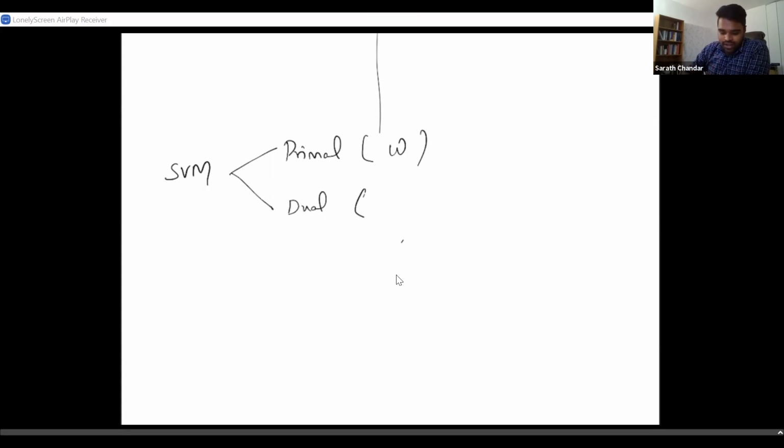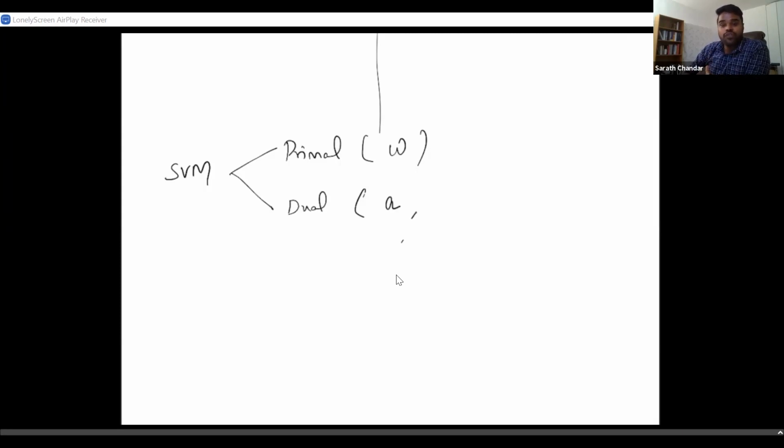On the other hand, the dual formulation was slightly different from the usual classifiers that we have seen so far. In the dual formulation, we had a bunch of Lagrange multipliers. I don't remember the variable that we used for Lagrange multipliers. Was it lambda or A? A. Okay, so we had a bunch of Lagrange multipliers A, right?